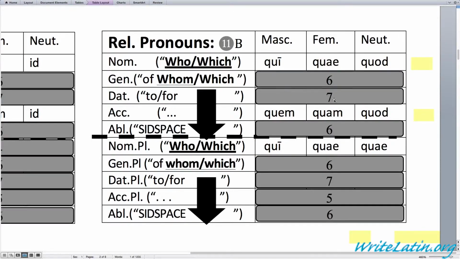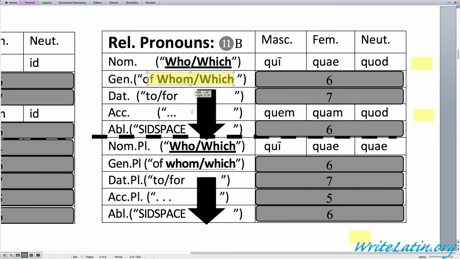So what do these mean though? The simplest answer that will work for all of these is "which" in English. Which will work for any of them. But for the masculines and feminines, often it makes more sense to say who. However, you can actually only say who for the nominatives. See, who or which.